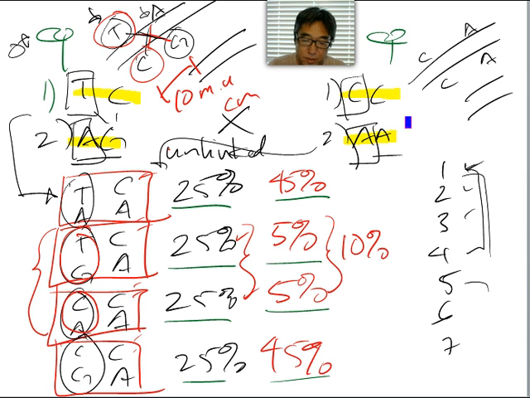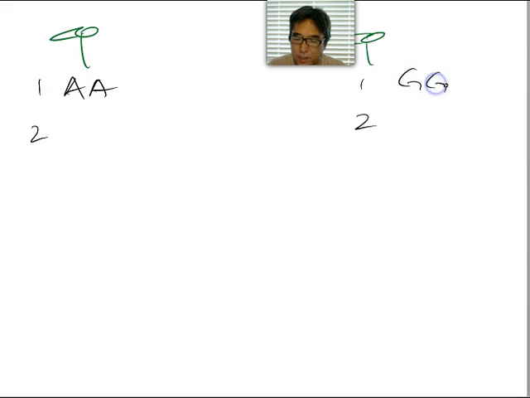I'm not sure about this, but for instance, what if we take a second example where we have a plant and another plant, and then at SNP 1, and then SNP 2, SNP 1, SNP 2, and this time let's make this AA, let's make this GG, and let's make this CC, and let's make this TT.